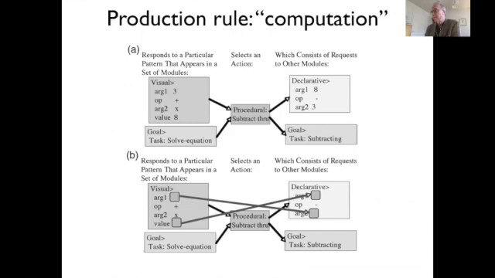So here, an example: if you do mental arithmetic, then you get a certain kind of input. For instance, 3 plus x equals h, where x is the variable that you will have to determine, and you get the task of solving the equation.